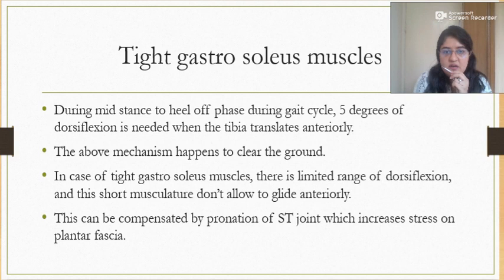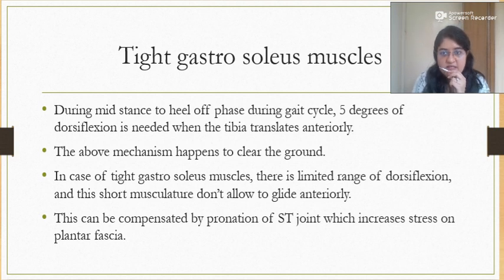During the last phase of the gait cycle, in the stance phase, that is from the mid stance to the heel off, there is dorsiflexion which is required. Approximately 5 degrees of dorsiflexion is required to translate the tibia anteriorly during this phase of the gait, that is from mid stance to the heel off, and this mechanism is necessary to clear the ground.